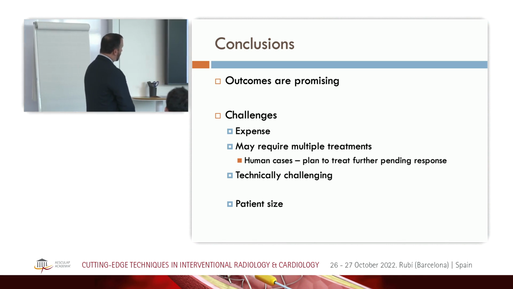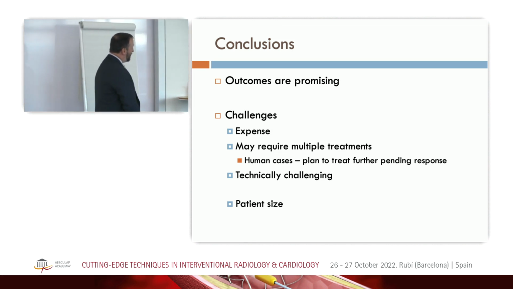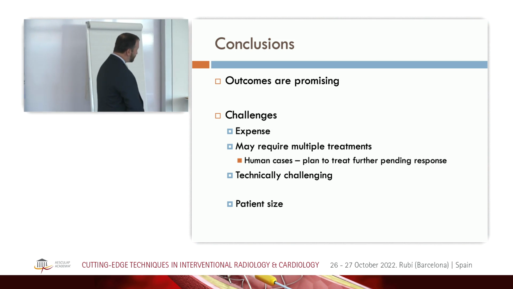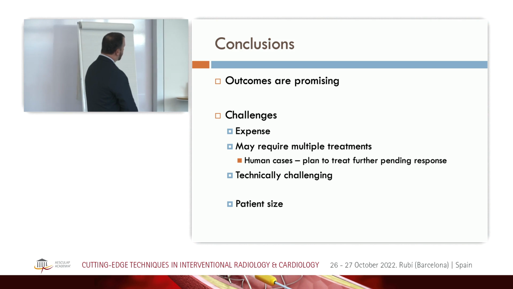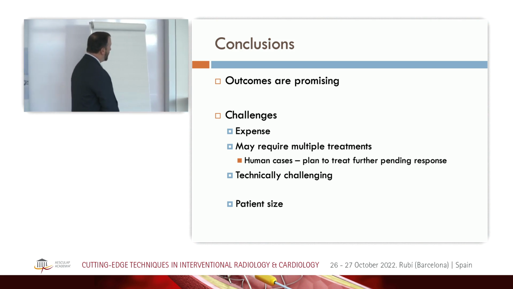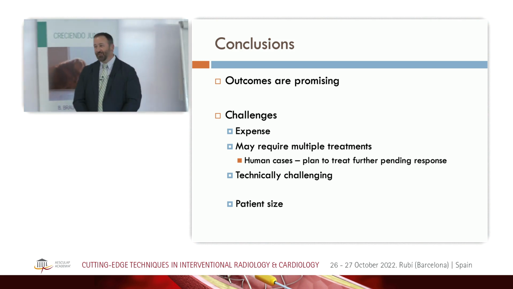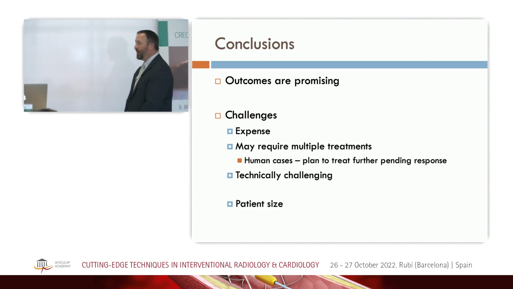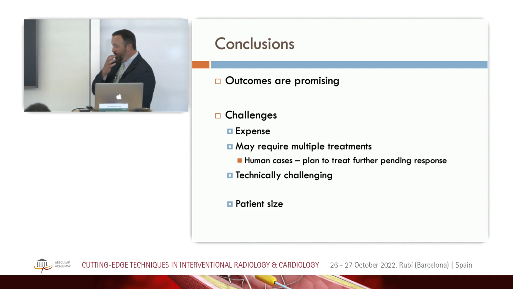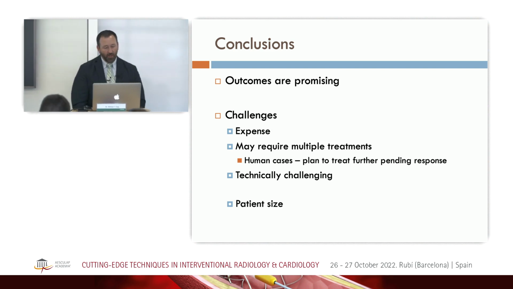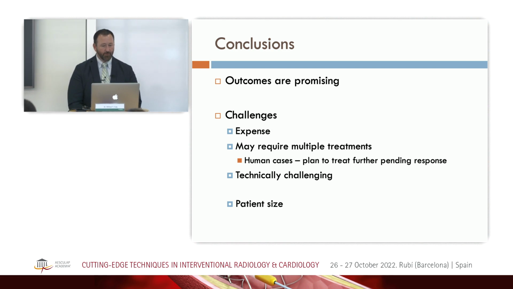Those are all things that point to maybe an AVM going on when they're hepatoportal, or any kind of portal-related one. Obviously, a lot of the challenges are expense and that they require multiple treatments. They're technically challenging procedures, so that plays a role. Patient size hasn't been an issue so far. We've been able to get into the small ones, so thankfully that doesn't seem to be a major thing, but it's always something that we consider.